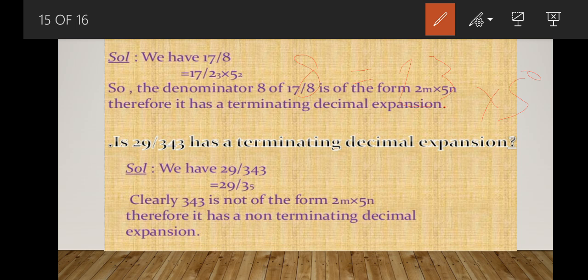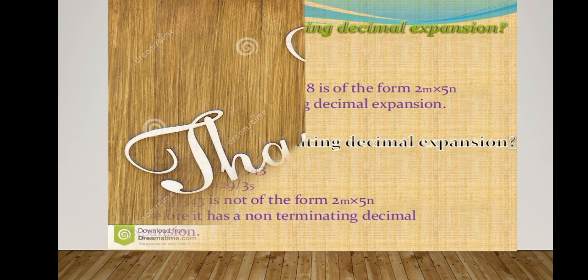So the denominator 8 is of the form 2 to the power m and 5 to the power n. Therefore, it has a terminating decimal expansion. If you consider 29 upon 343, then 343 is equal to 7 cube, and hence the formula of 2 to the power m and 5 to the power n fails here, and hence it is a non-terminating decimal. Hope you will understand it. Thank you.